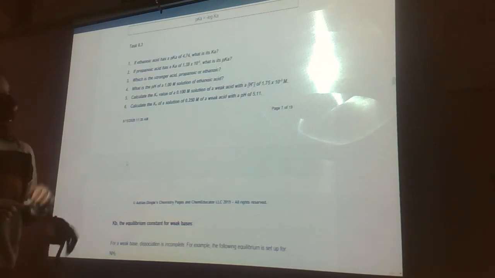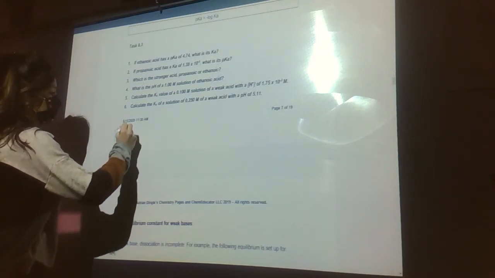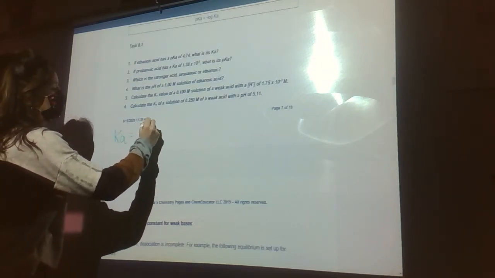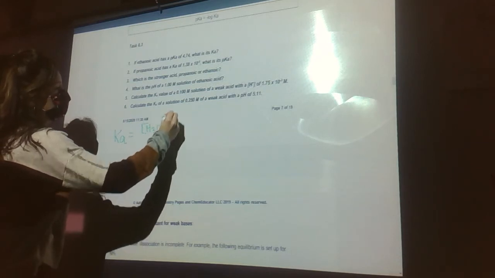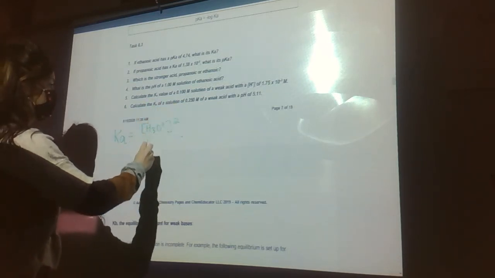The one that I want to talk about is number 6. Calculate the Ka of a solution of 0.250 molar of a weak acid with a pH of 5.11. Okay, so Ka equals hydronium squared over weak acid.